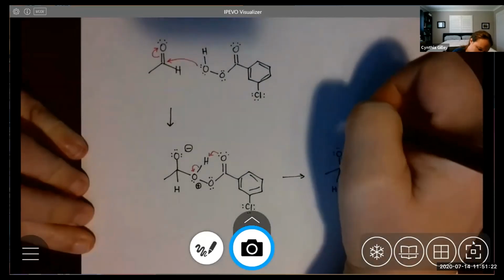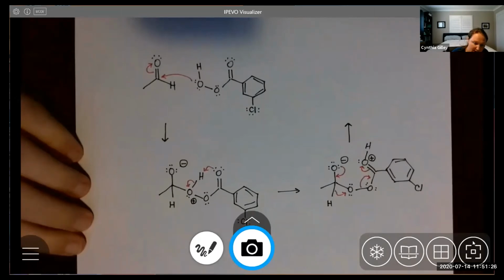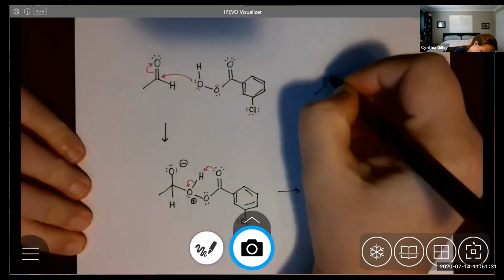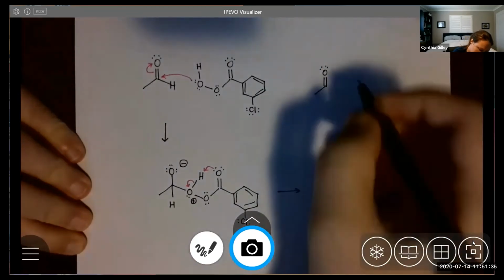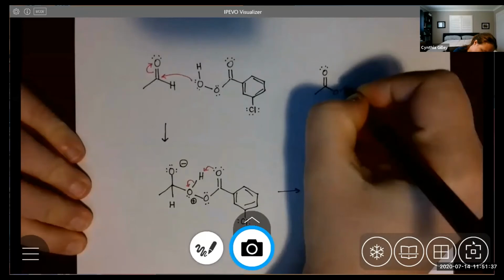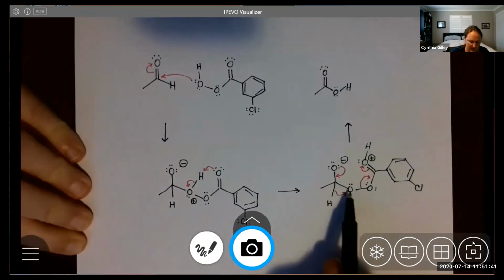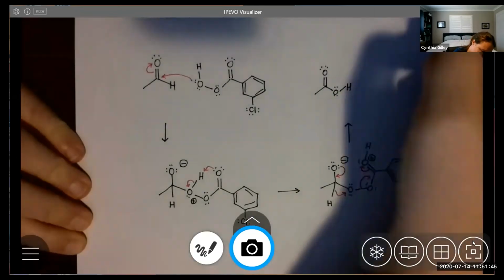It's a lot of arrows, but if you understand why they're happening, it might be a little bit easier. So then drawing what's happening here, we've regenerated the double bond here. This hydrogen shifted over to the oxygen, so this becomes an OH group. And then this other group is just a leaving group.